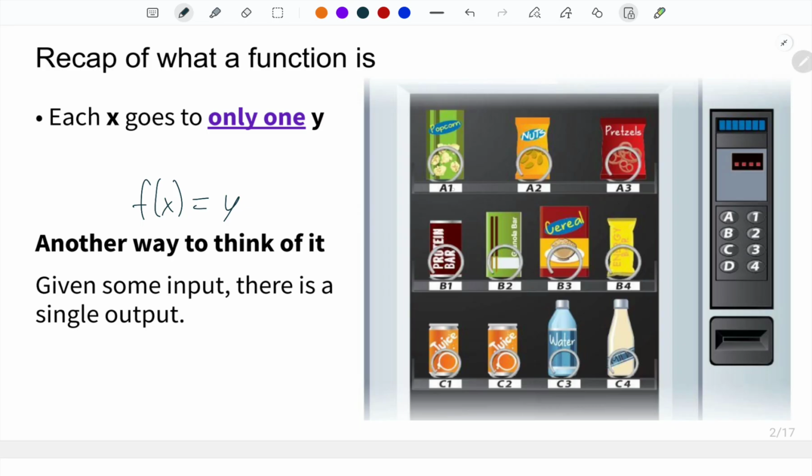So if you input A1, that's telling the machine you want that popcorn in the top left. And guess what? The machine will output the popcorn. So you have some input, which is the code, and the output, which is the item you want. So a vending machine is actually just a function. It's a very physical function, but it is, in a sense, just a function.